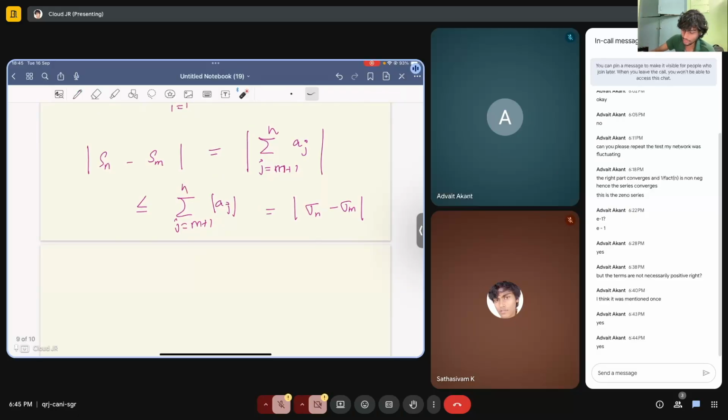So what we have is this series is Cauchy, and this term is less than this. So this is also a Cauchy sequence. Basically, this is Cauchy means this is less than epsilon, and you have all this epsilon delta thing, right? And you just have to write it. Since sigma m is Cauchy, this will also be a Cauchy sequence.